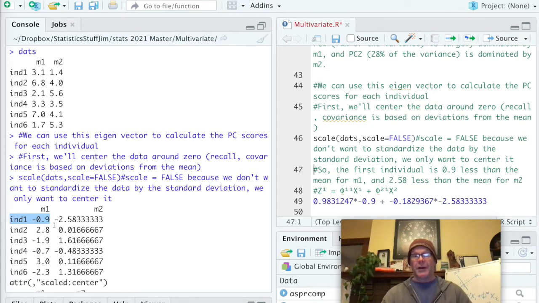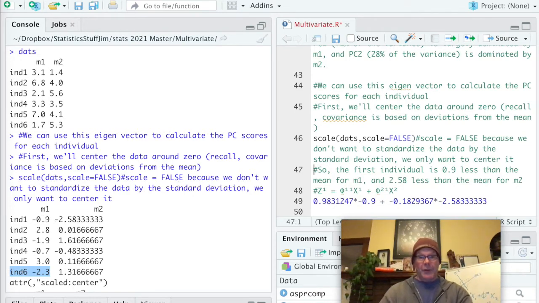So all we've done is center our data at the mean, so now the mean is 0. This one is 2.8 greater than the mean, this one's 1.9 less than the mean, 0.7 less than the mean, 3 greater than the mean, 2.3 less than the mean. Now we've centered all of our data.